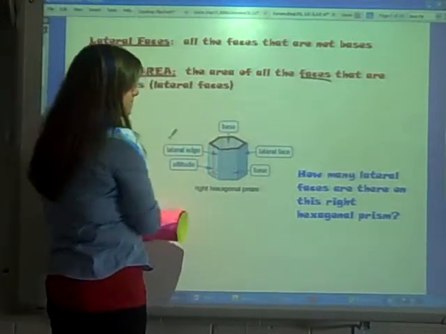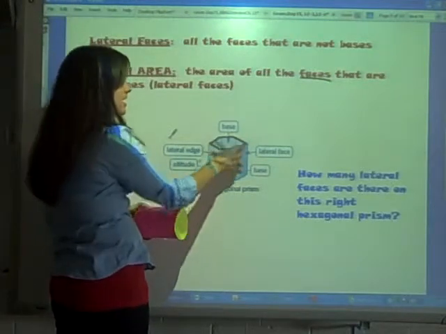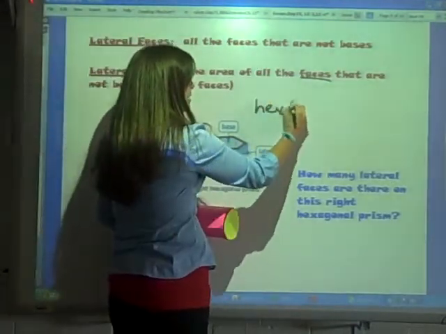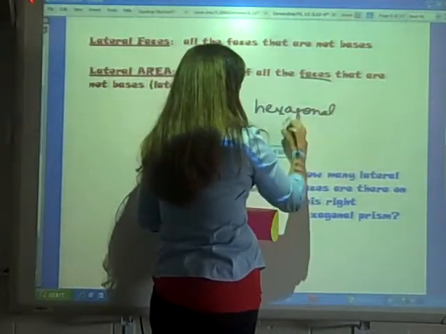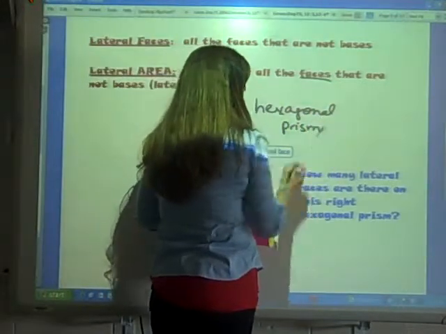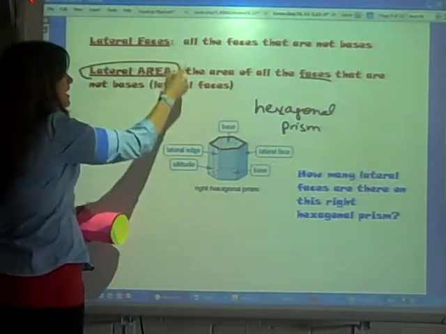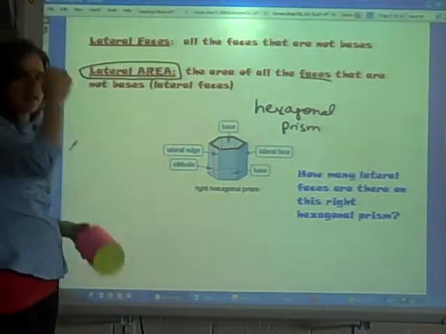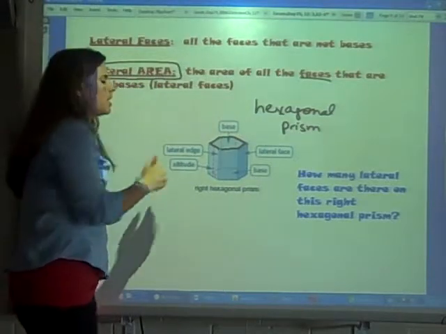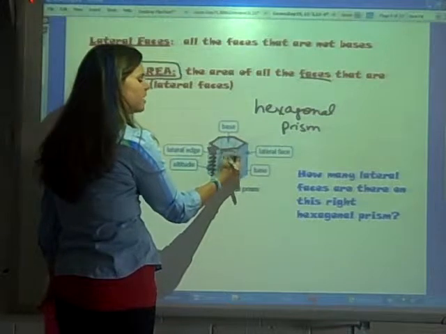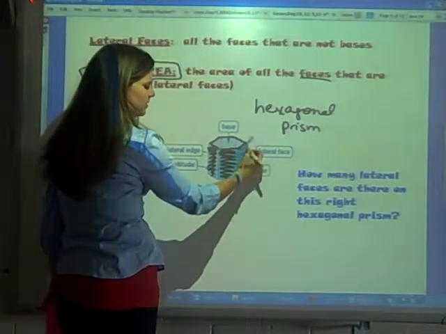What is the shape of this base right here? It is six-sided. So this thing right here is a hexagonal prism. Okay? So in a hexagonal prism, if they ask you to take the lateral area, they want the area of all of the faces that are not the bases.